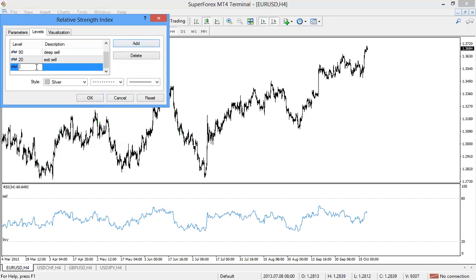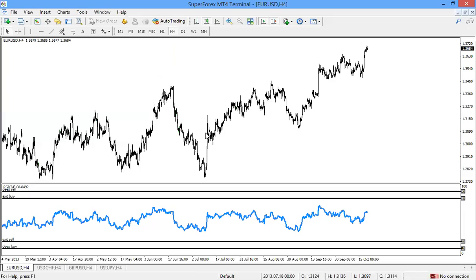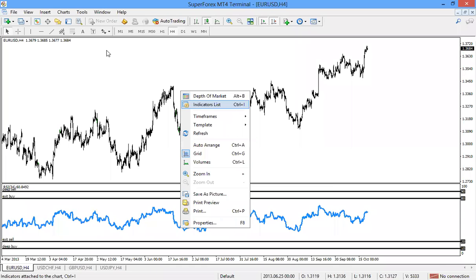Level 80 is exit buy. Okay, so this is our guy RSI here. RSI, which period do you have?